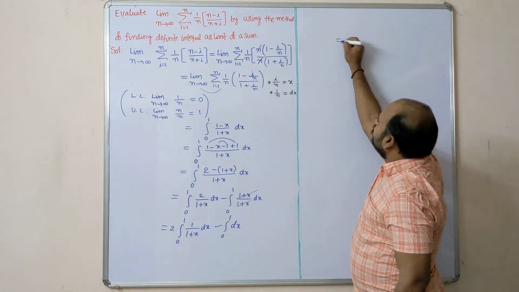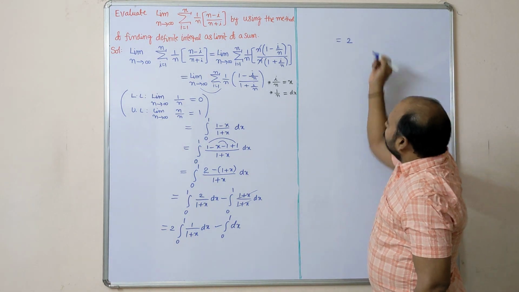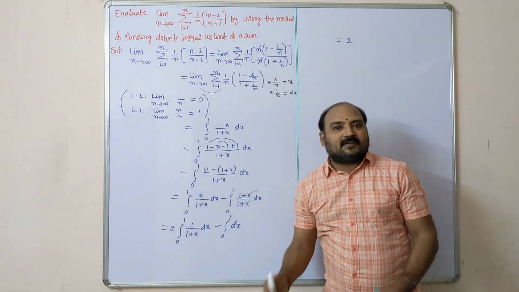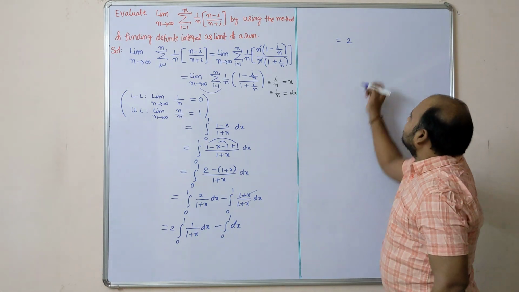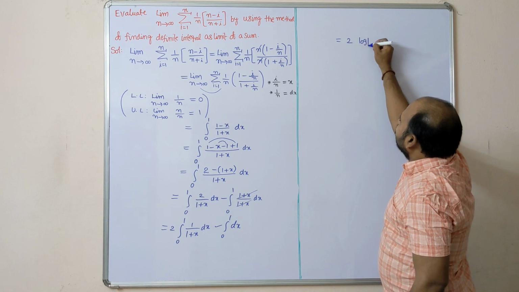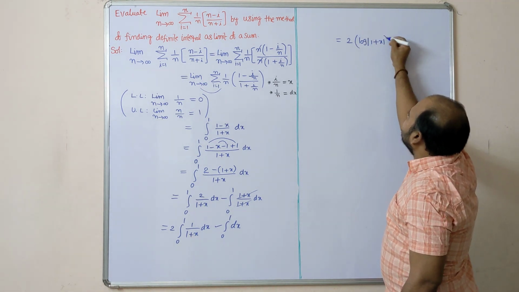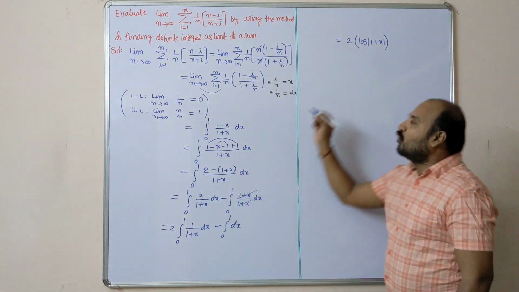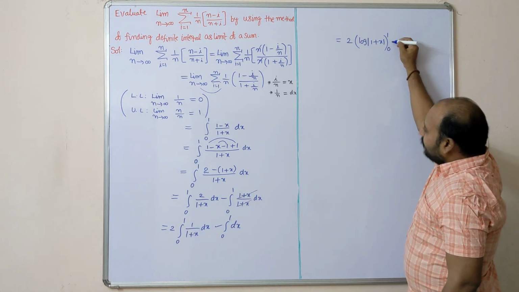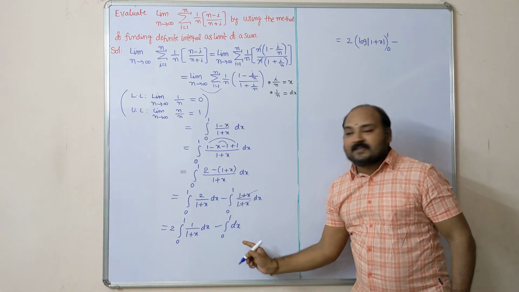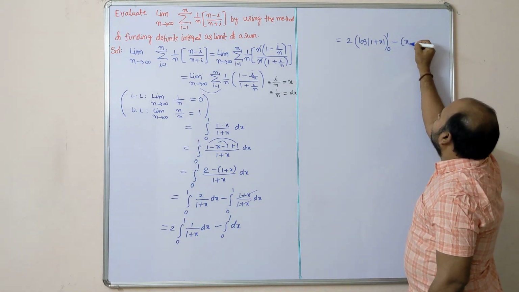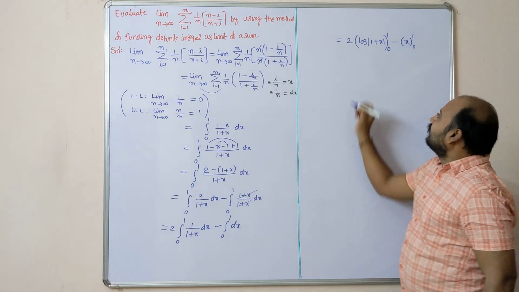So which is equal to 2 into integral 1 by x. Integral 1 by x is log mod x. So log mod (1 plus x). After that we can apply the limits, dear students, 0 to 1, minus integral dx is x, applying the limits 0 to 1.